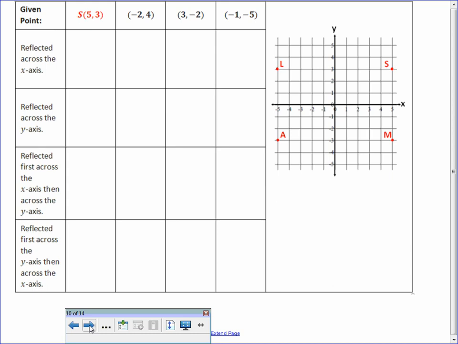All right, so let's practice this. Let's take a look. S is plotted for us on this grid. This is in your notes on page 61. So the coordinates are 5 and 3. I want to reflect that over the x-axis. If I'm reflecting it over the x-axis, which coordinate stays the same?